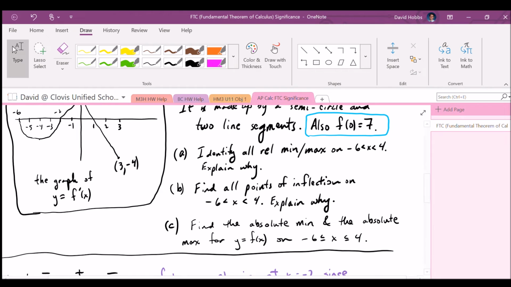Okay, so doing part C now, find the absolute min and the absolute max for y equals f of x on the closed interval. And I just realized I do not have my intervals correct for any of these problems.